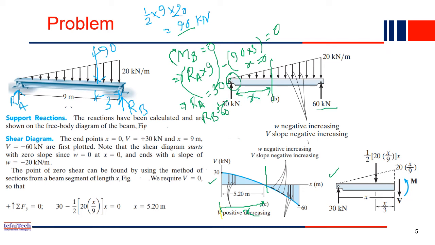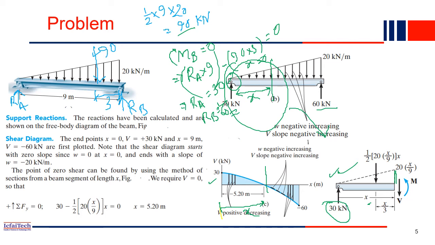Now draw the free body diagram of this side. That is drawn here. On the left side it is 30 kilonewton acting here. Similarly, we consider a distance of x. Now what will be the vertically upward magnitude here? In the last problem, if you see the last slide, we discussed how to calculate at this point.